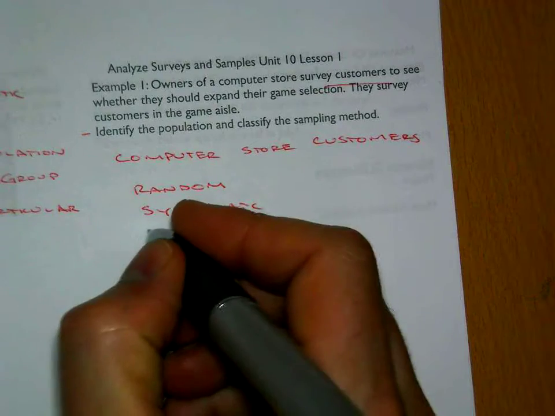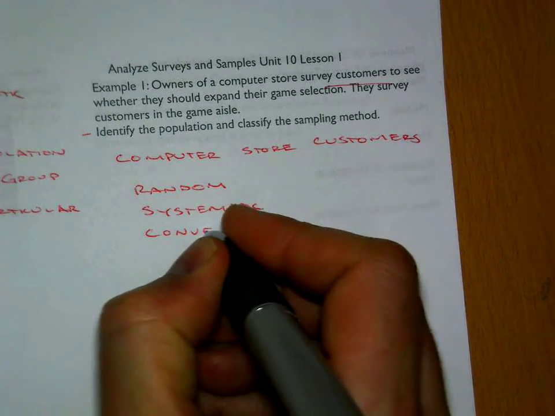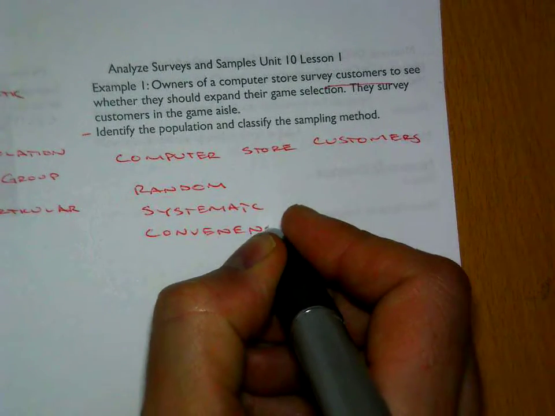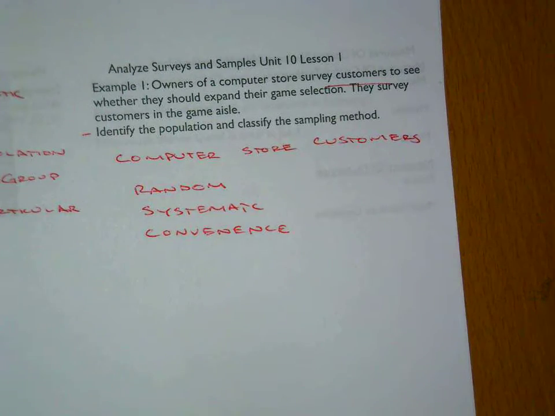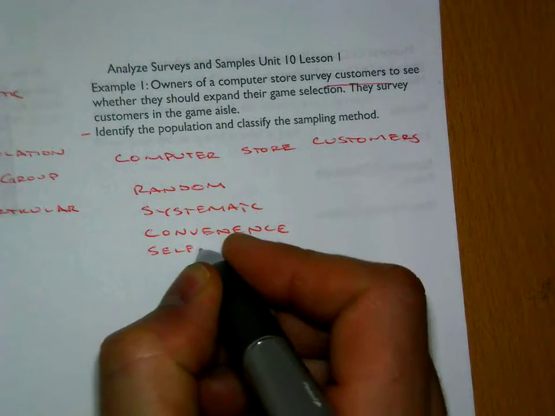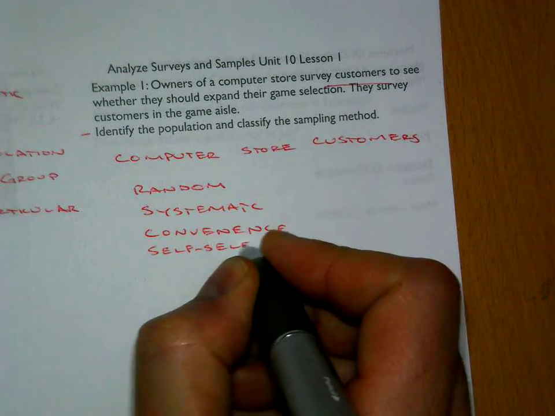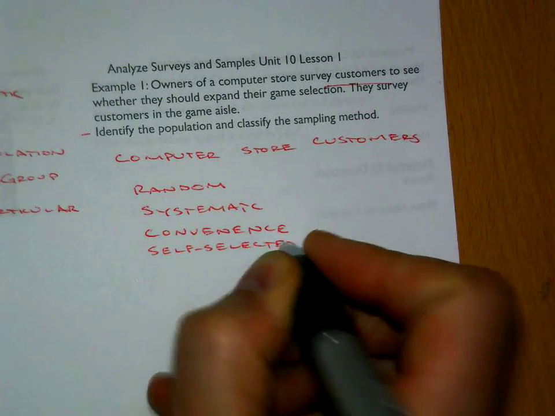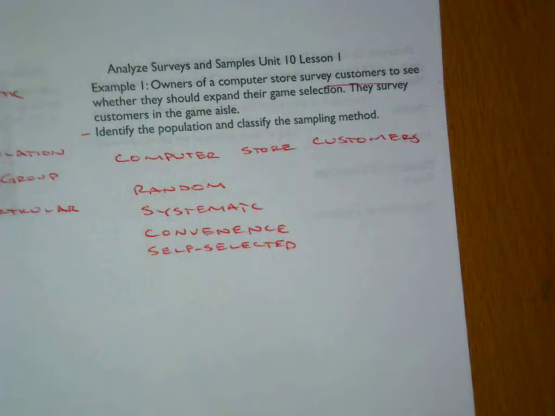There's convenience, where it's only the people who are easily accessible to the person who's doing the survey. And then there's self-selected, where you're only selecting people who are volunteering. Typically, that's not always too representative.